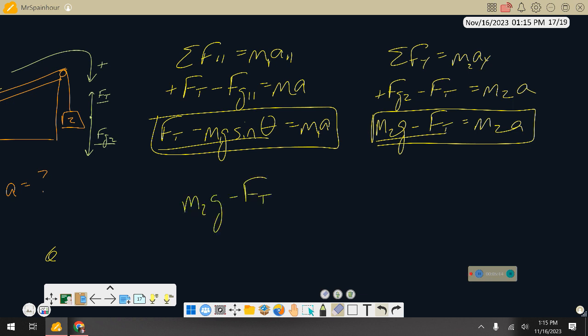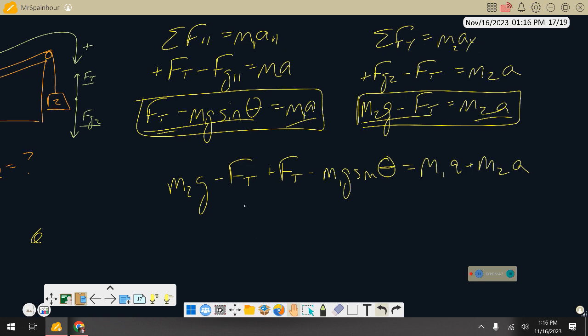Why did I start with the 1 on the right? Because this is a positive number right here. There's really no reason, you can do whatever you want. And then the 1 on the left right here is positive force tension minus m1g sine theta. Now we're going to add the left and right sides together, m1a plus m2a.